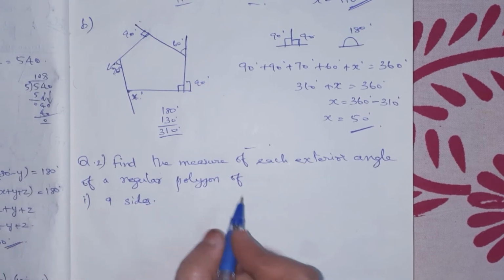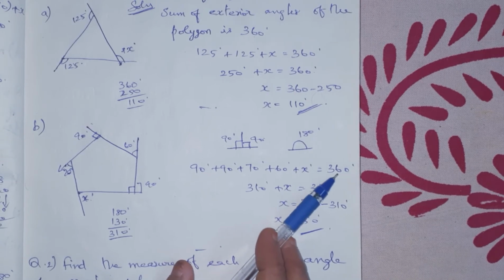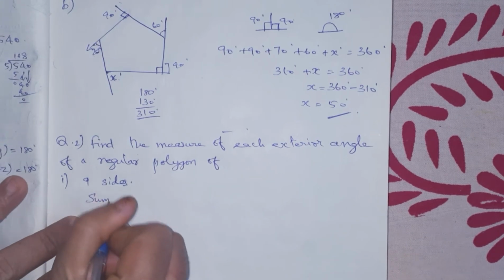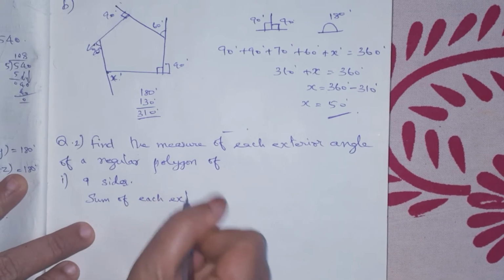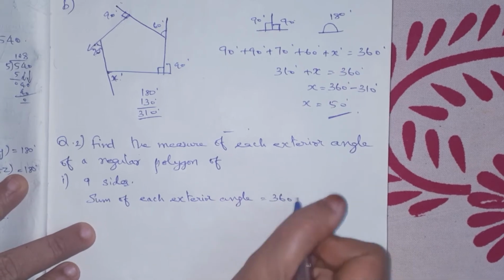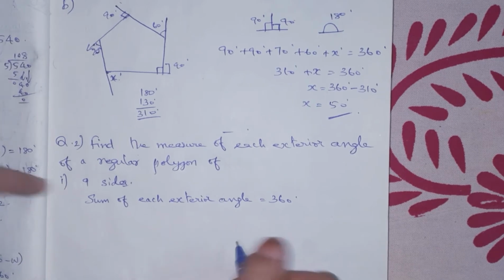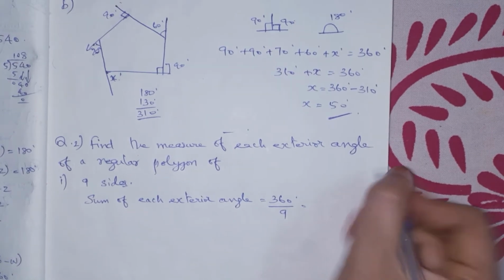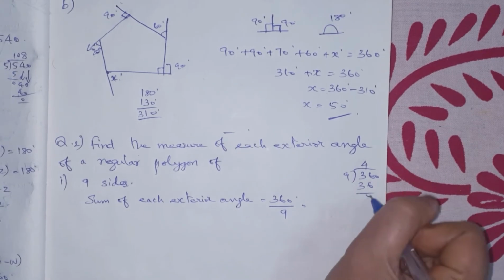We know that the sum of the exterior angles is 360 degrees. So the sum of each exterior angle is 360 degrees, then we divide it by 9 to get the equal angle. 360 divided by 9: 9 fours are 36, 0, 0.